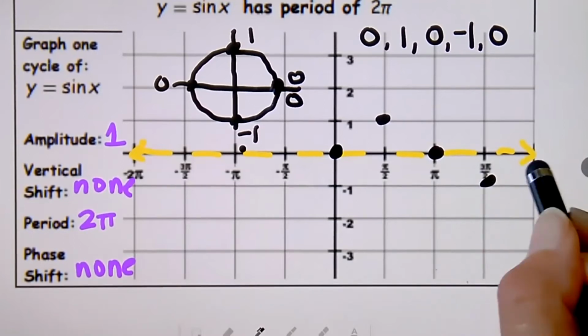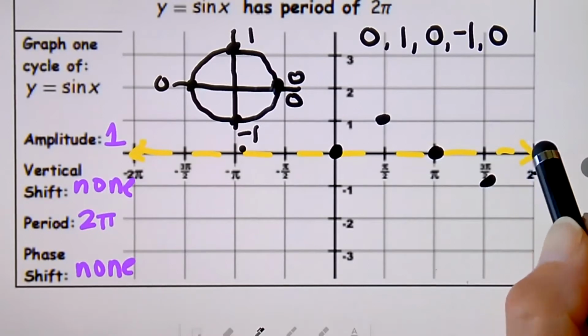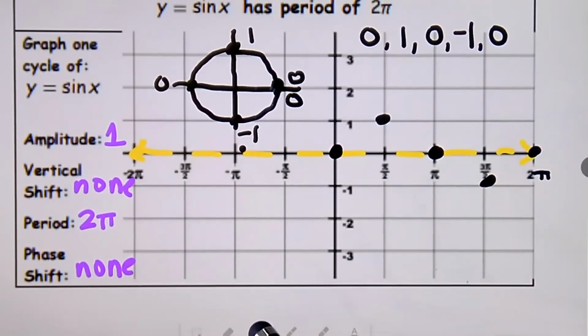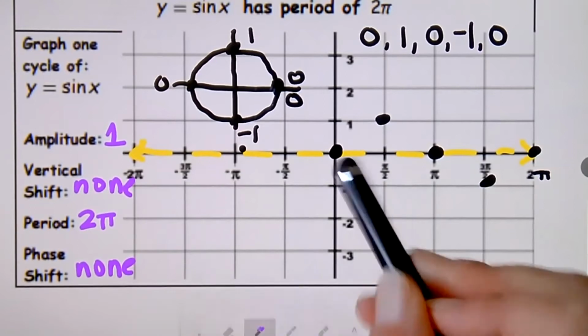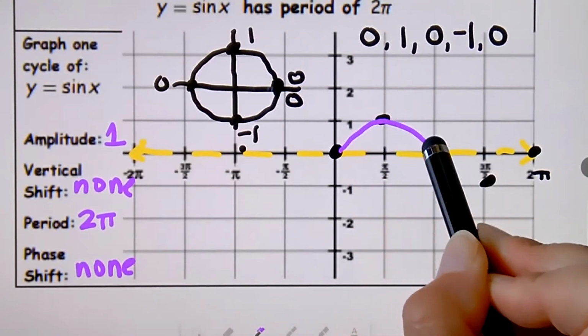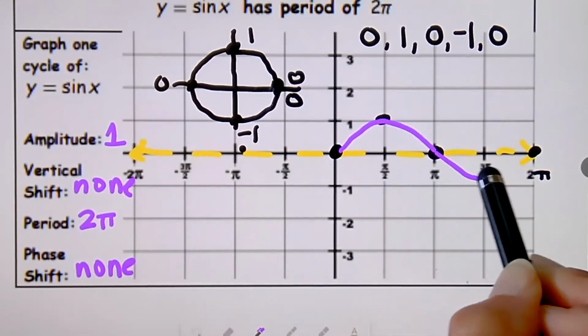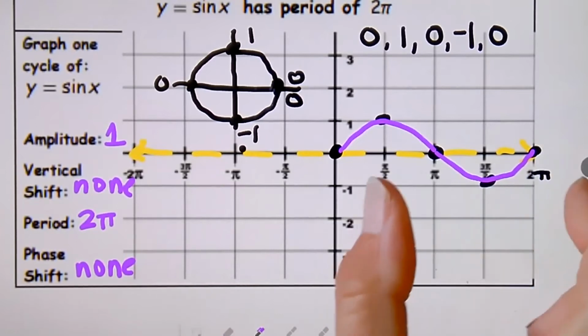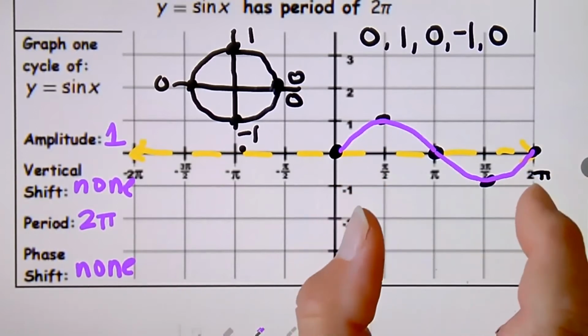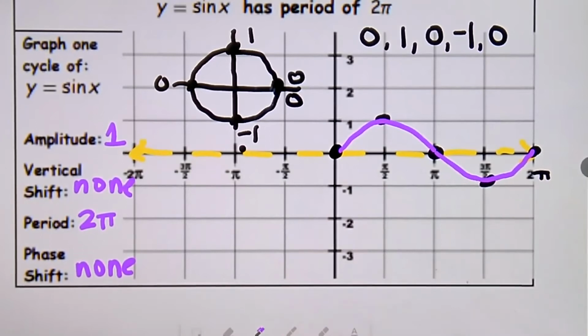And then this is 2 pi, then I'm back to 0. And let me draw that. And that is one cycle, okay? I'm showing one period of the sine graph.